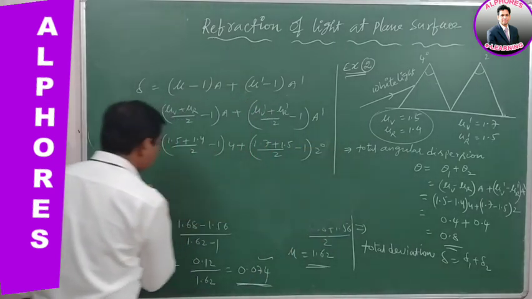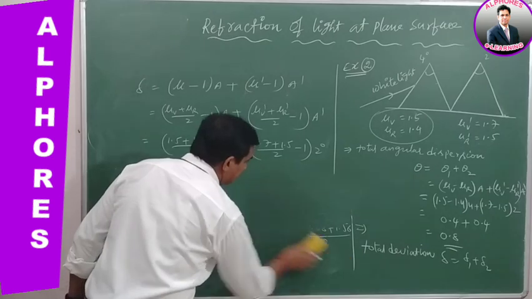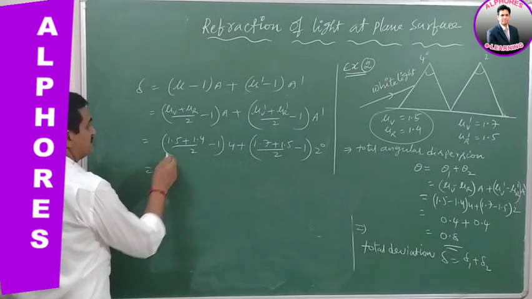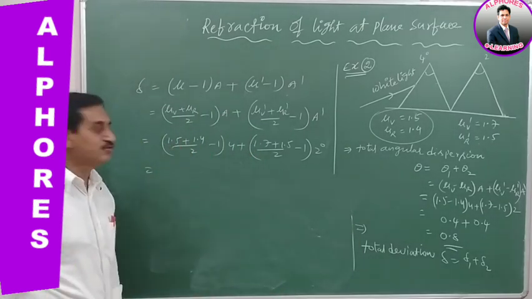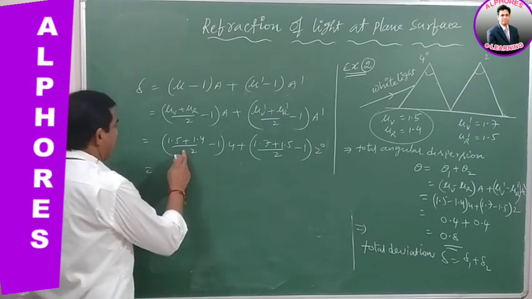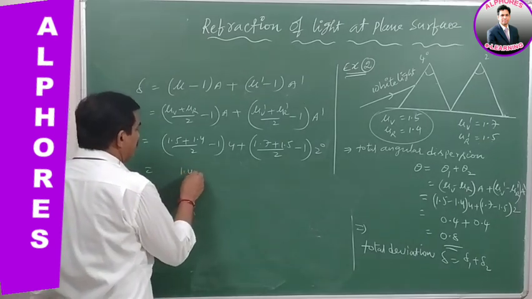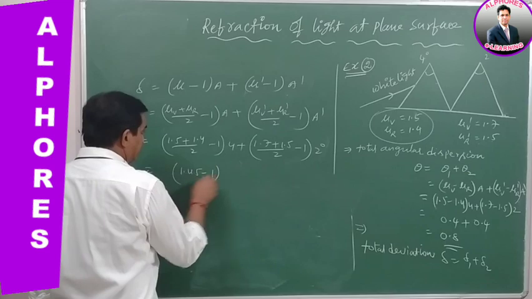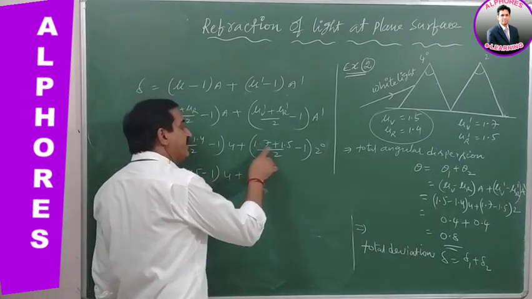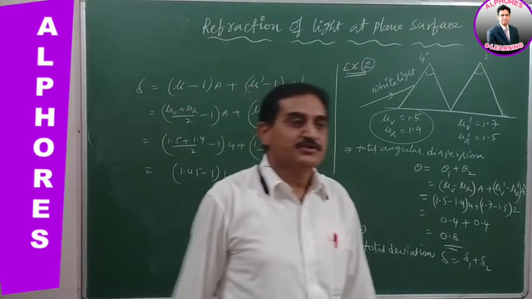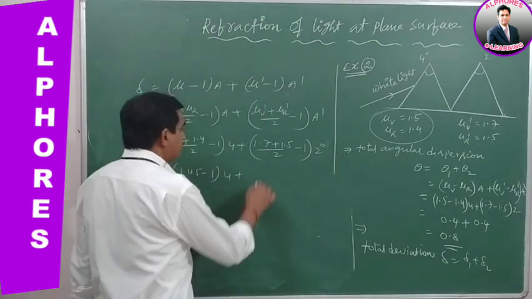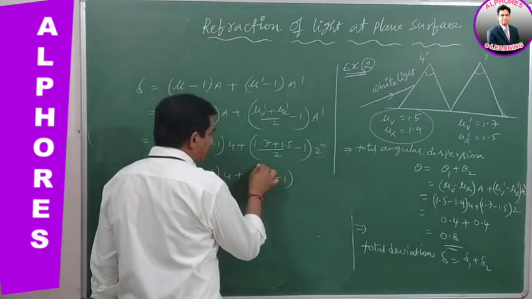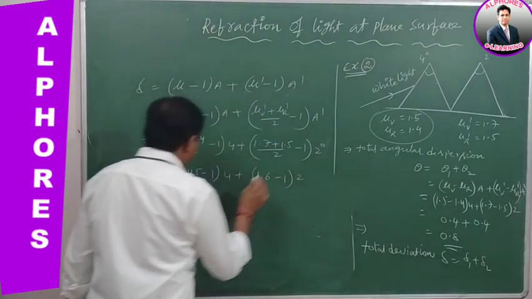Now by simplifying, 1.5 plus 1.4 is 2.9, by 2 that is roughly 1.45, into 4, plus here 1.7 and 1.5 together make 3.2, which gives 1.6, minus 1 into 2 degree, right?